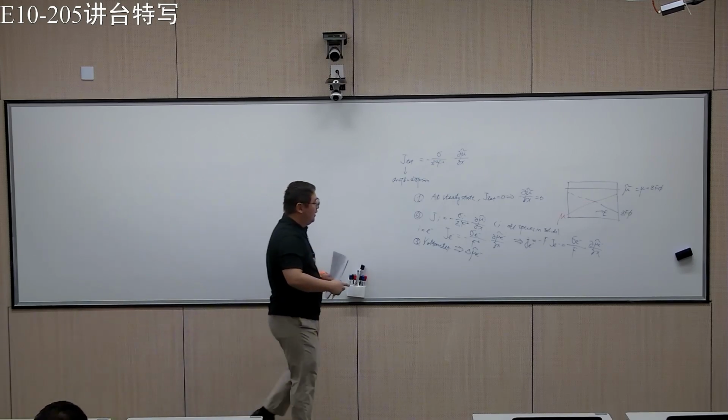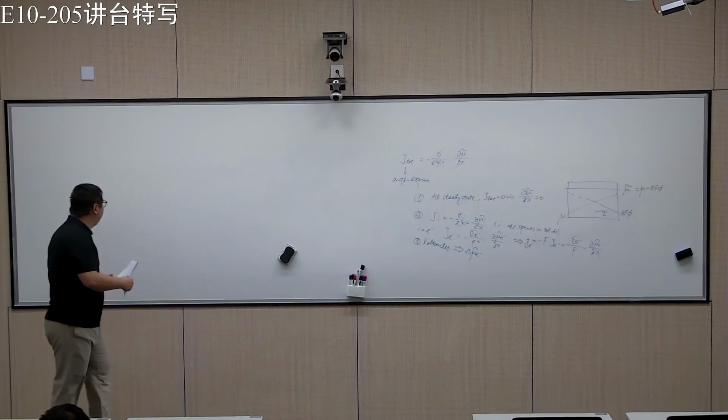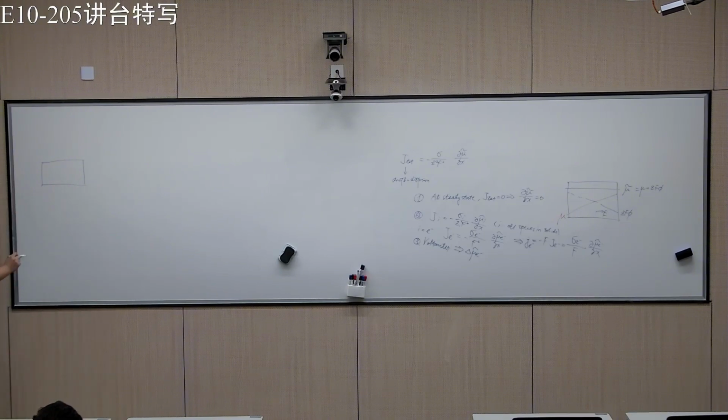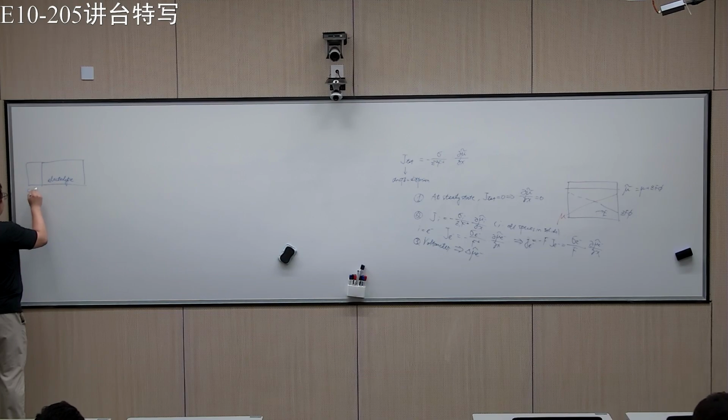Okay, so let's see how this really works out. For example, if I have a lithium-ion battery, I have an electrolyte. I have a cathode, or you just use C. The cathode is something like lithium cobalt oxide, which is quite a typical cathode.